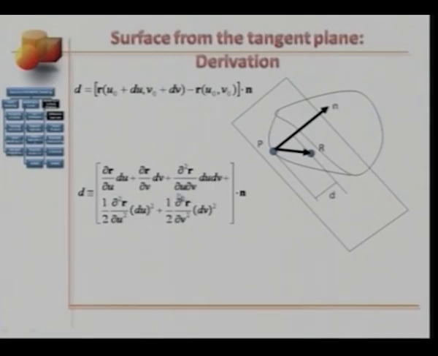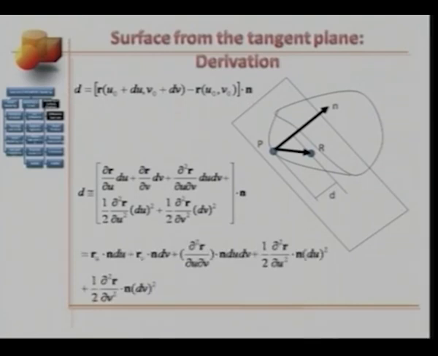This corresponds to the mixed derivative, plus half of partial 2r over partial u squared times du squared plus half of partial 2r over partial v squared dv squared. If you're wondering, this expression is the Taylor series expansion up to second order terms. And of course, we have this dotted with n.